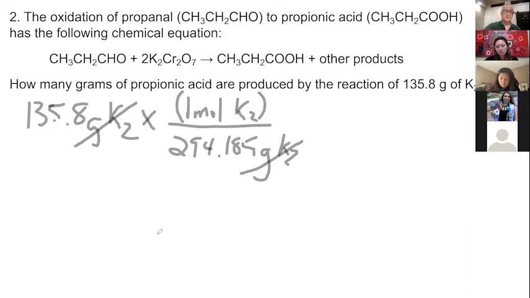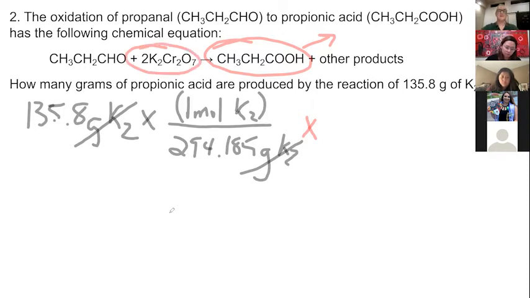Next thing I have to do then is convert those moles of potassium salt to moles of the product, because this is what I'm asked to figure out. I'm being asked how much propionic acid is produced. And I can only do that if I know the molar ratio of my reactant going in and my product coming out. That is from the balanced equation.